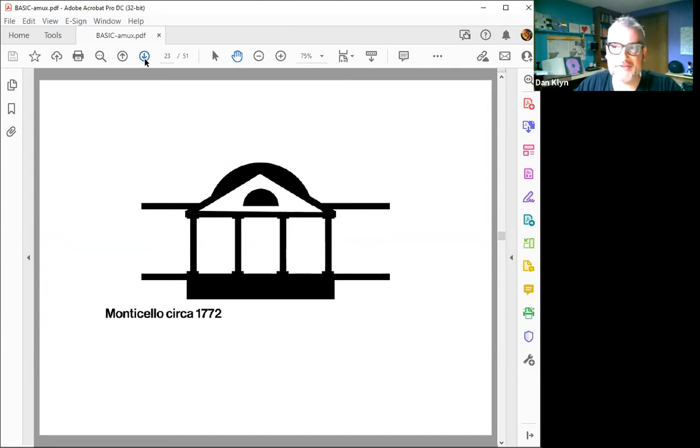And the Palladian idea of the main floor being up above the ground, and that up above part, the piano nobile, I believe it's called, that was the dignified level where the dignified things happened.